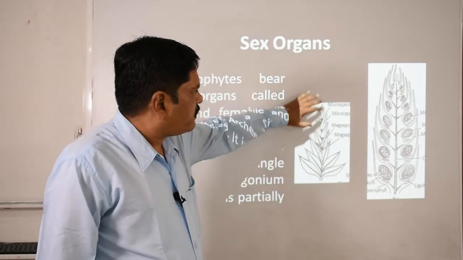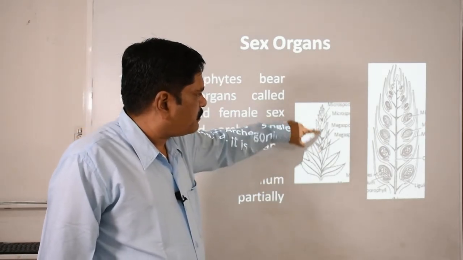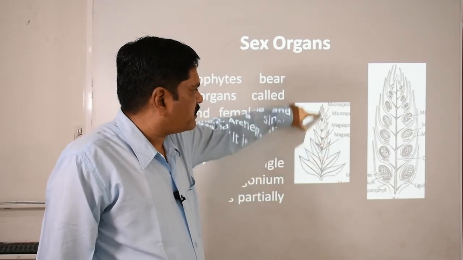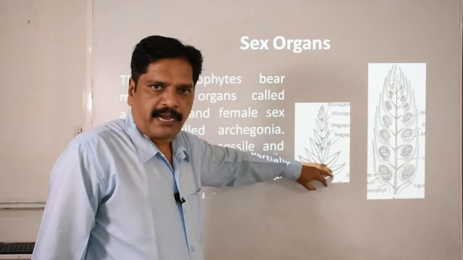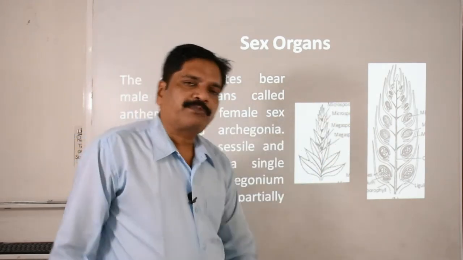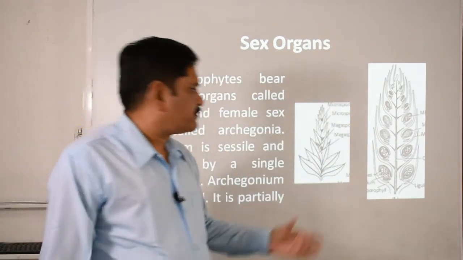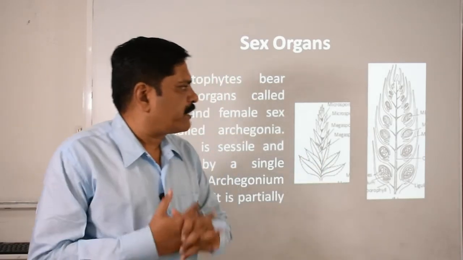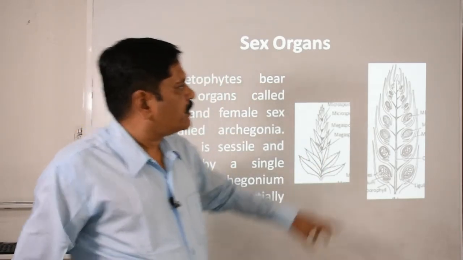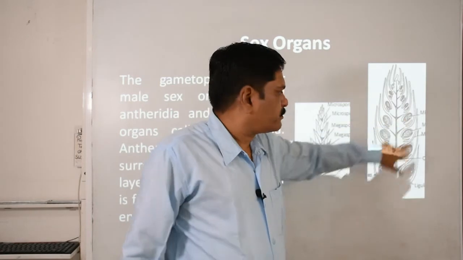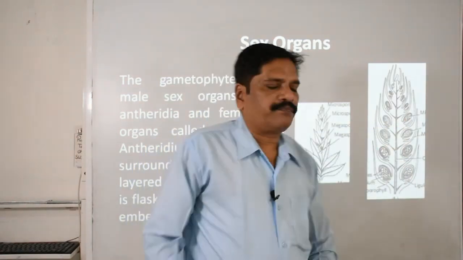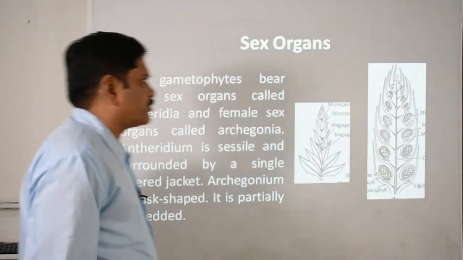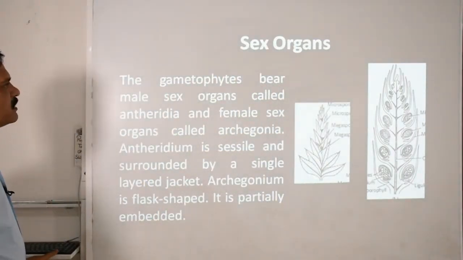Here at the apical you can find the phylloid, leafy structures. These are the microsporophyll and this is the megasporophyll. Microsporophyll will have microsporangium, megasporophyll will have megasporangium. So here it will produce the microspores and the megaspores, and it is responsible for the production of the male and female gametophytes again.